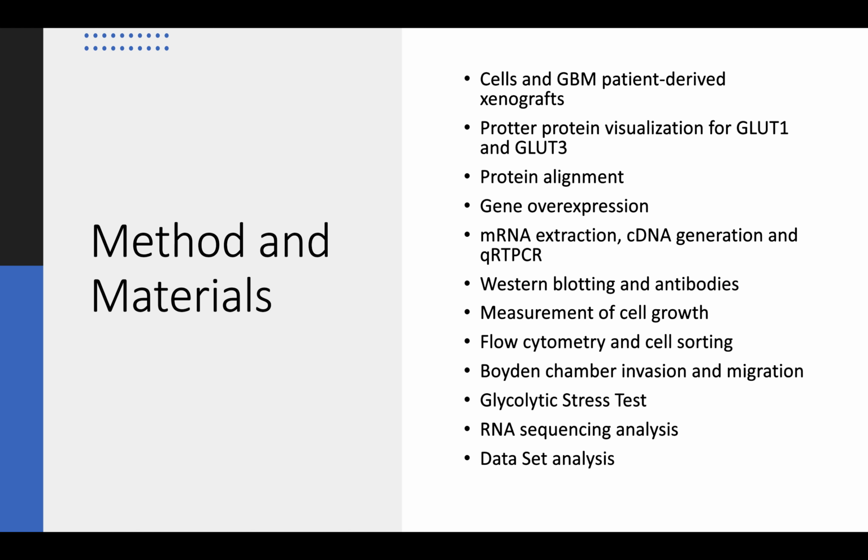For protein visualization for GLUT1 and GLUT3, the Proto Online interface was used to find the visualizations of both of those, GLUT1 and GLUT3. Also, for the protein alignment here, NCBI, BLASTP, and the FASTA sequences were used.